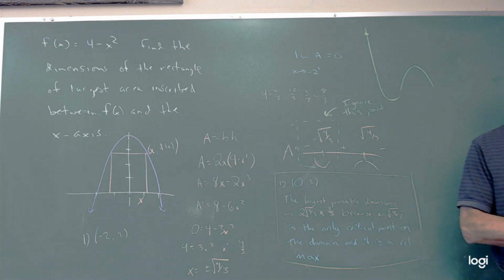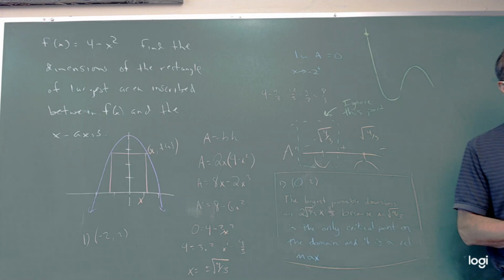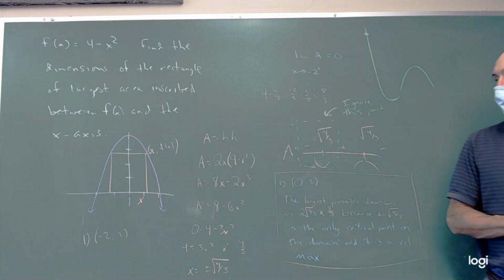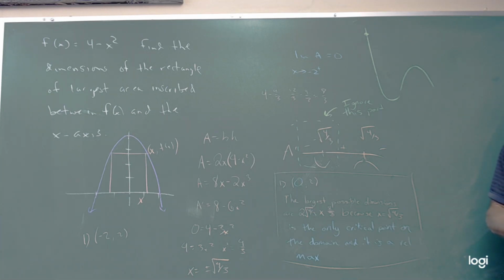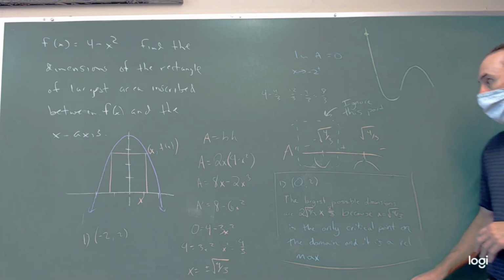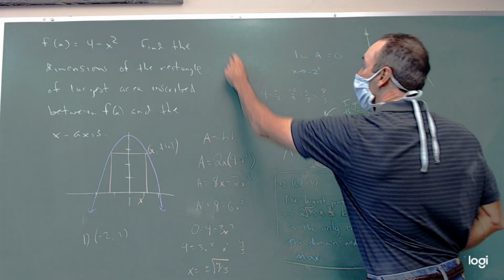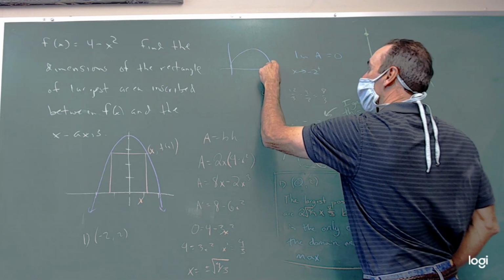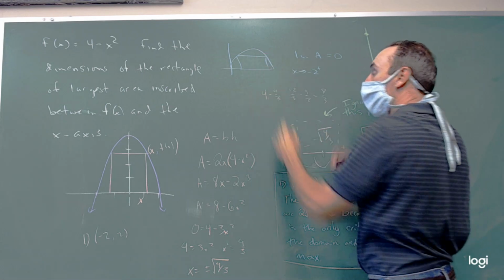So if we translated the graph to the left one, would we have to include a negative number in our domain? I think that changes the problem entirely. Because now you don't have that symmetry around the y-axis. We've done a problem in the past, I don't know if you remember it, where we inscribed it in like the arch of a sine curve.